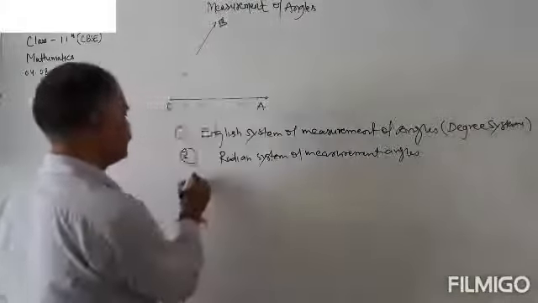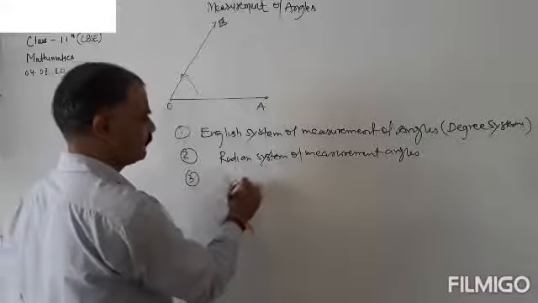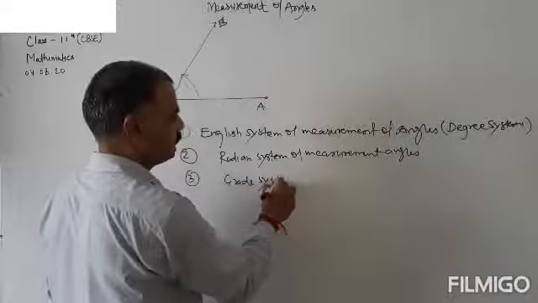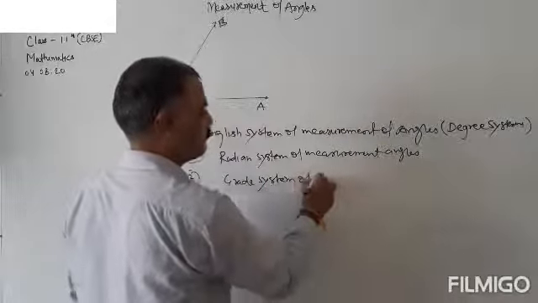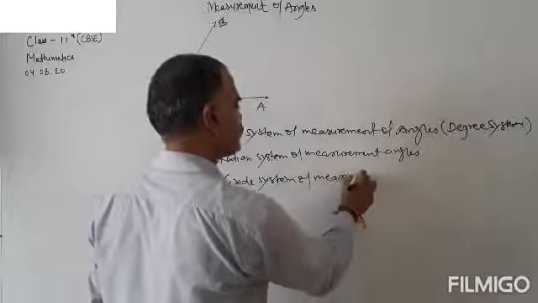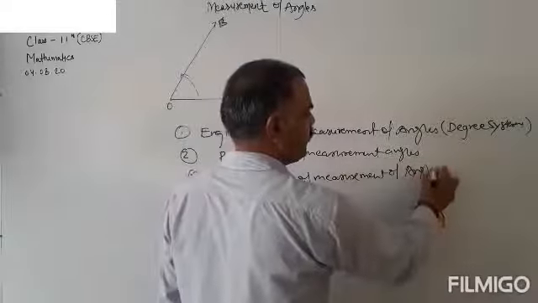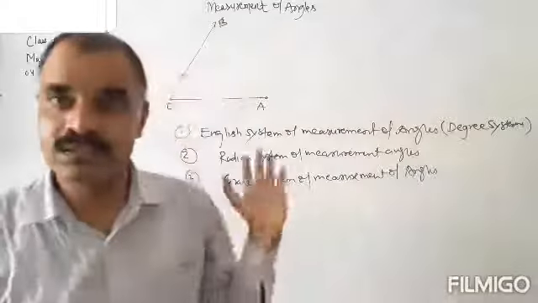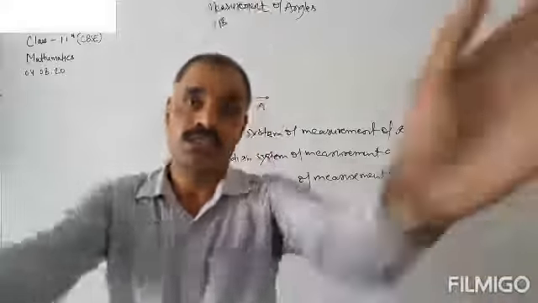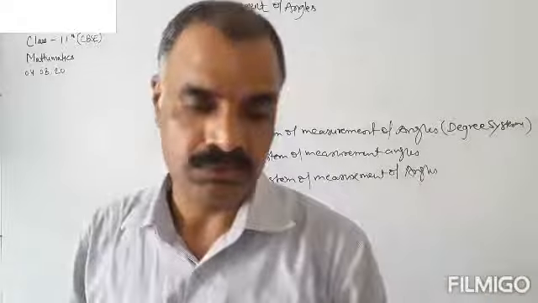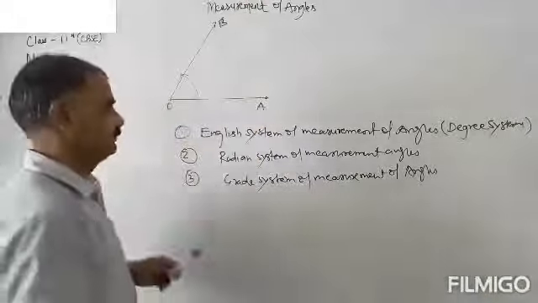And then the third is the grade system of measurement of angles. We will study all three systems in today's class one by one. So let us take the degree system.